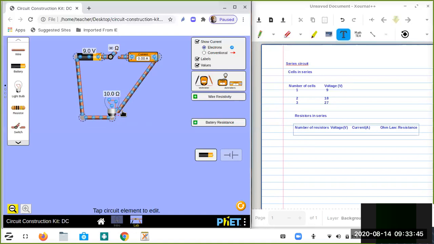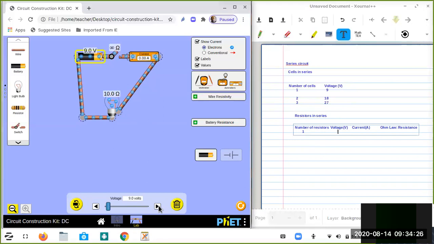Right, so we're going to take note of the voltage, the current, and the number of resistors. In this case, our resistor is the bulb. So in this case, we are having one resistor. Then, since we are having one resistor, what's the voltage? Let us work with 15 volts.